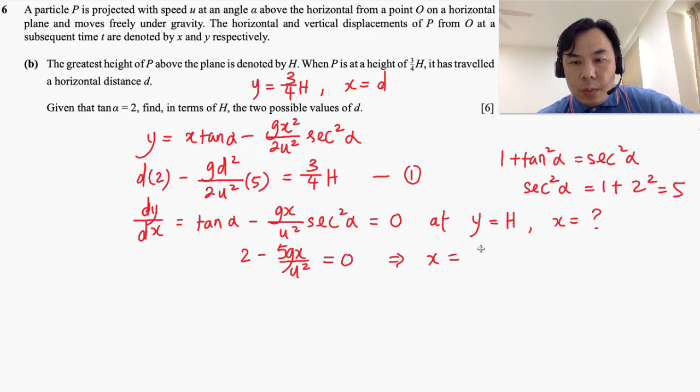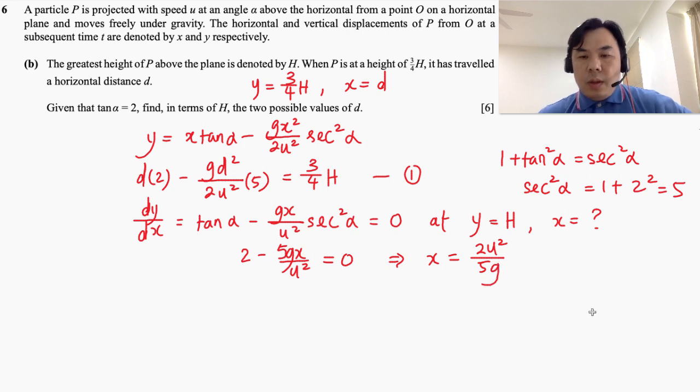The x should be 2u square divided by 5g here. That is where the x is when it reached the maximum height.